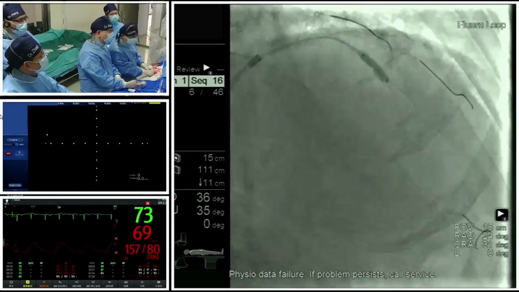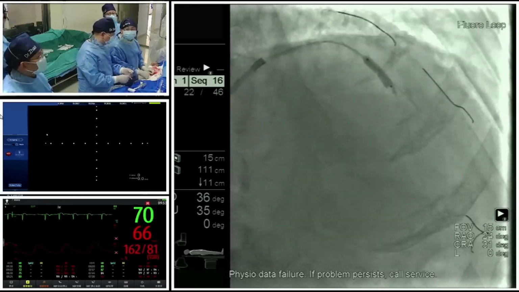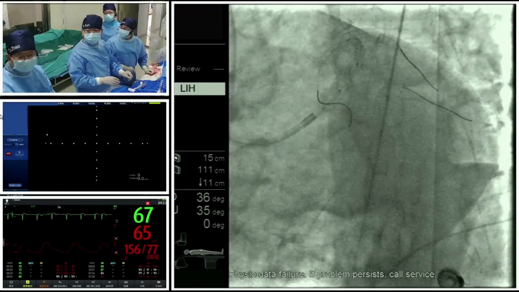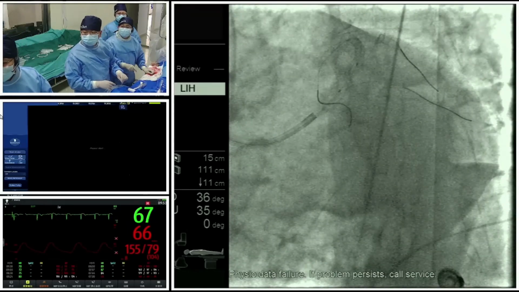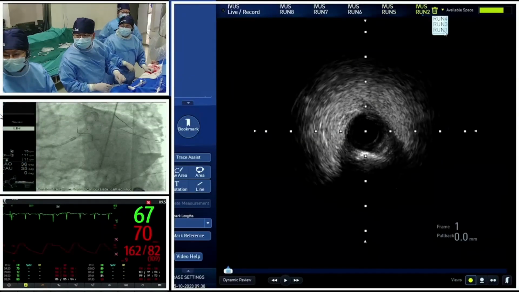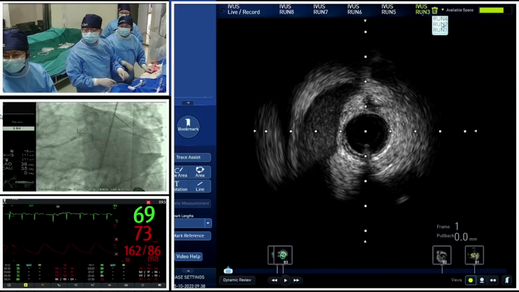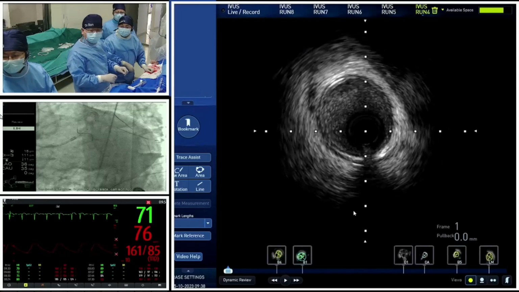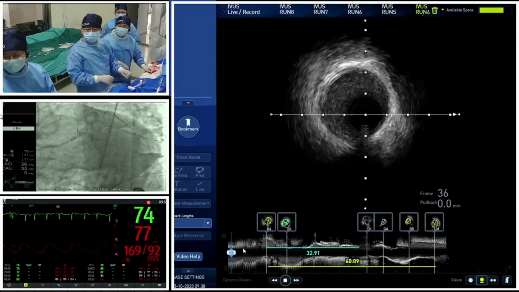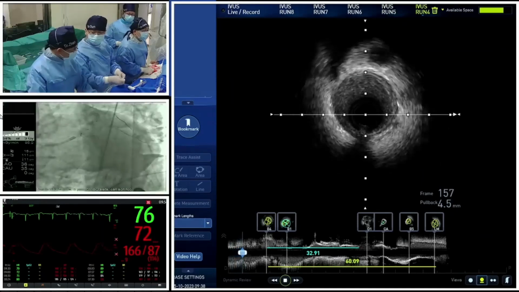All right, so can we show the audience the IVUS image before you put the stents? Okay. So can we show the IVUS of LAD? As you mentioned, from the IVUS image, we could see lots of calcification in LAD. Professor Wang, can you tell us the findings of the IVUS?